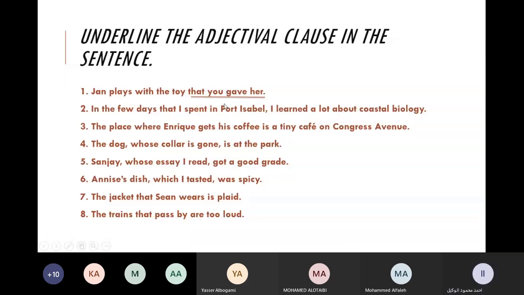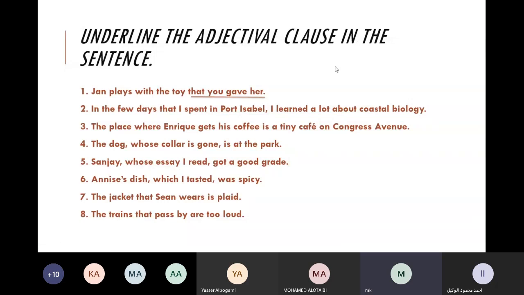Okay. Number 2, Asil or MK. Yes. Number 2. In the few days that I spent in Port Isabel, I learned about coastal biology. So where is the adjectival clause here?